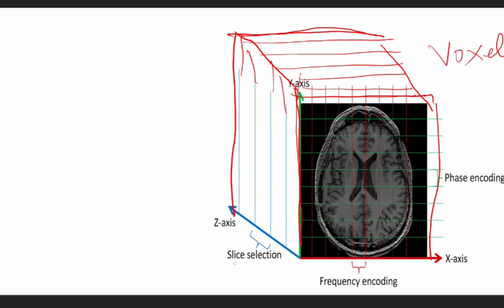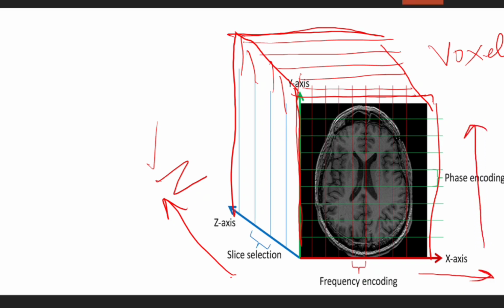The slice selection will be in this direction, this direction is your frequency encoding direction, and your phase encoding direction will be this one.